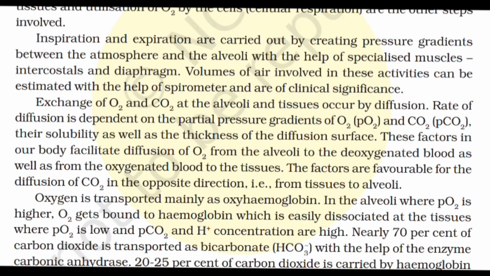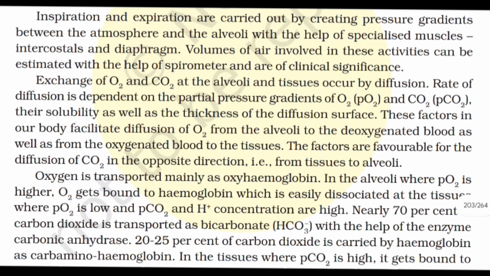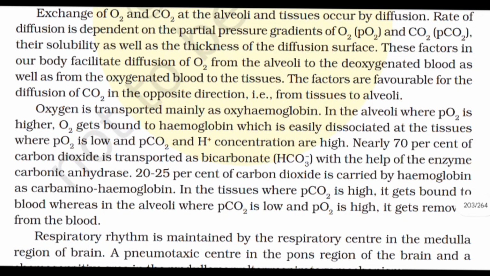Oxygen is transported mainly as oxyhemoglobin. In the alveoli where the partial pressure of oxygen is higher, O2 gets bound to hemoglobin, which is easily dissociated at the tissues where the partial pressure of oxygen is low, and partial pressure of carbon dioxide and H plus concentration are high.